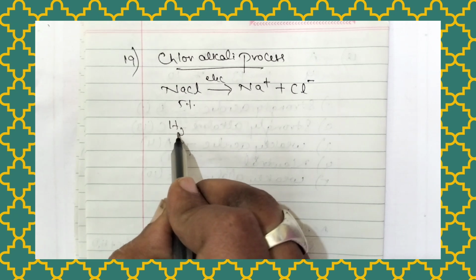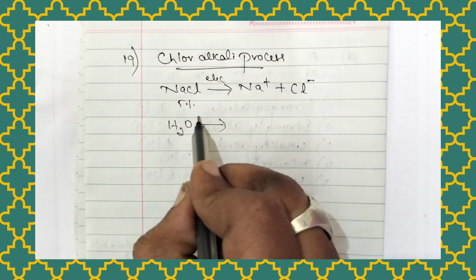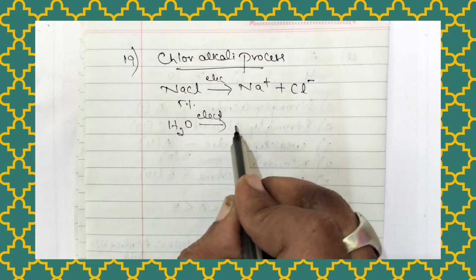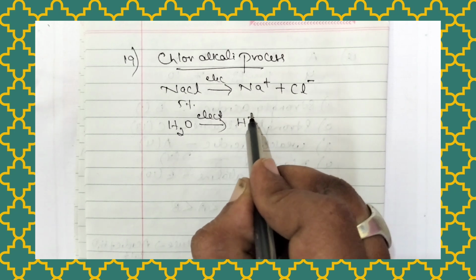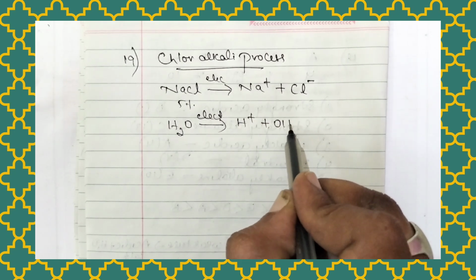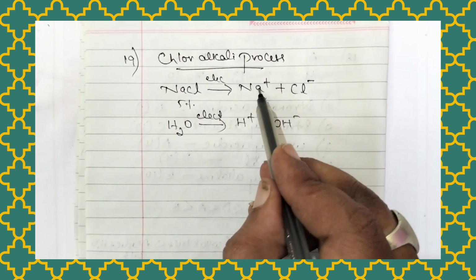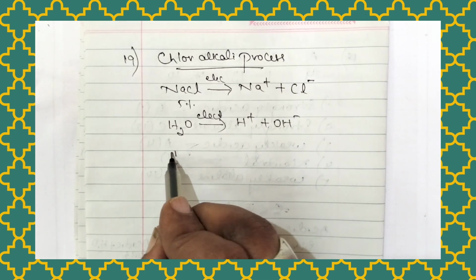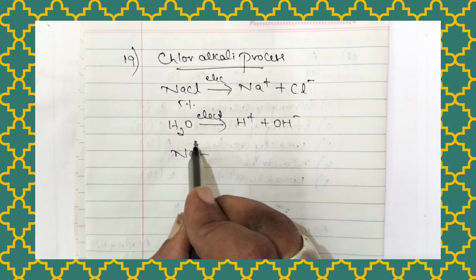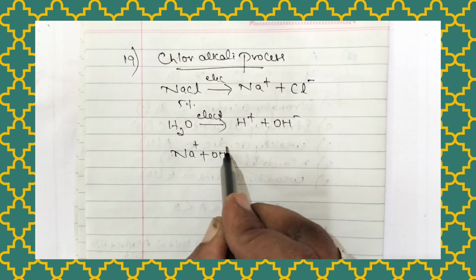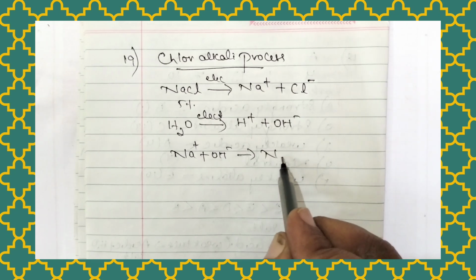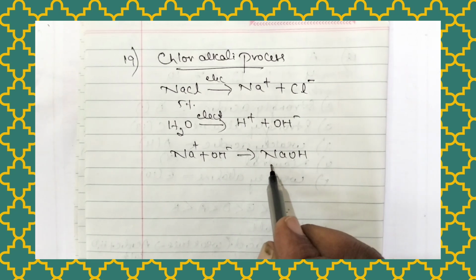Water also dissociates into H plus and OH minus ions. This Na plus combines with OH minus to give NaOH, that is sodium hydroxide.